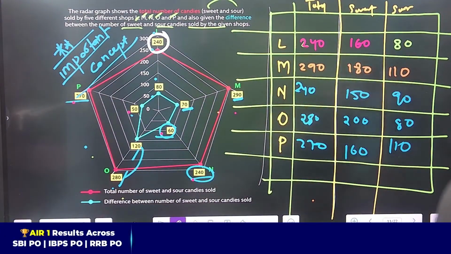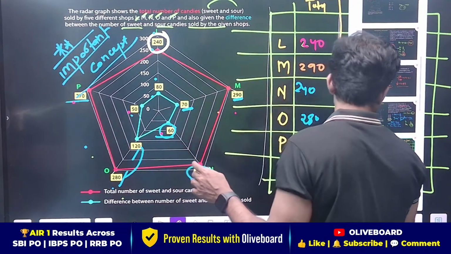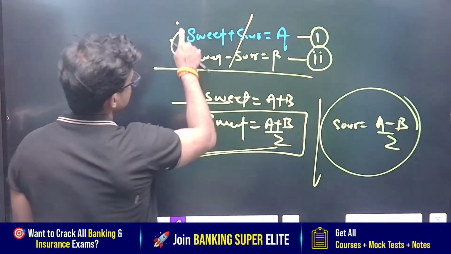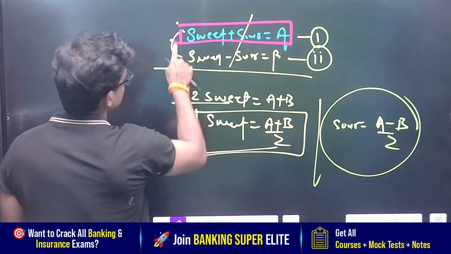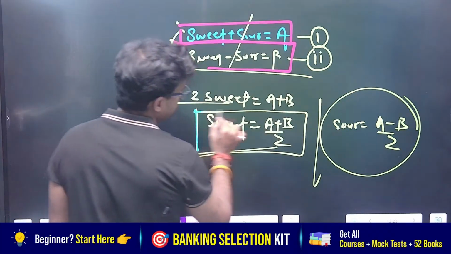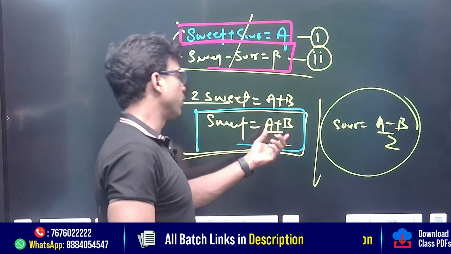Again, if you get such a concept in any question, just remember this thing. If they give the sum of something as A, and the other is the difference, then always remember you need to take the average. Club both and divide by 2.